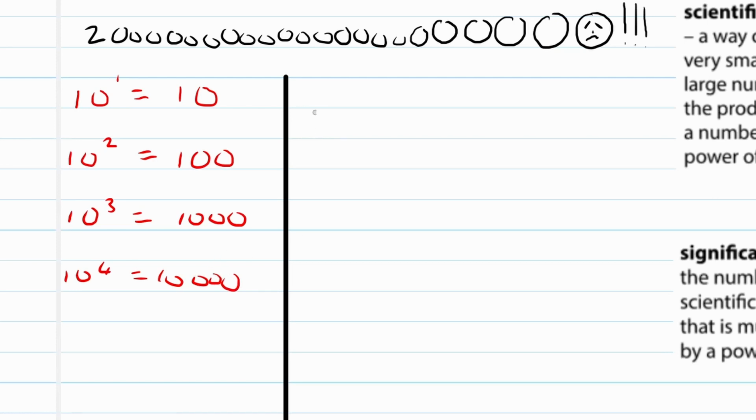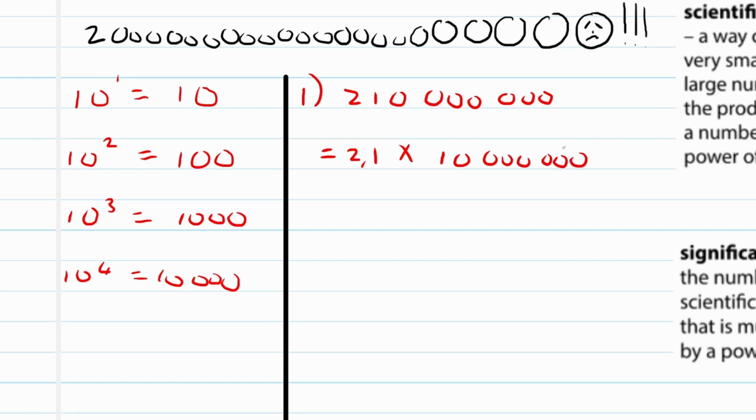So let's say we have a number. For example, let's look at example 1. You've got a number that is very big, like a large number. Let's say 210 million. We can actually say that this is the same as saying 2.1 times 10 million.